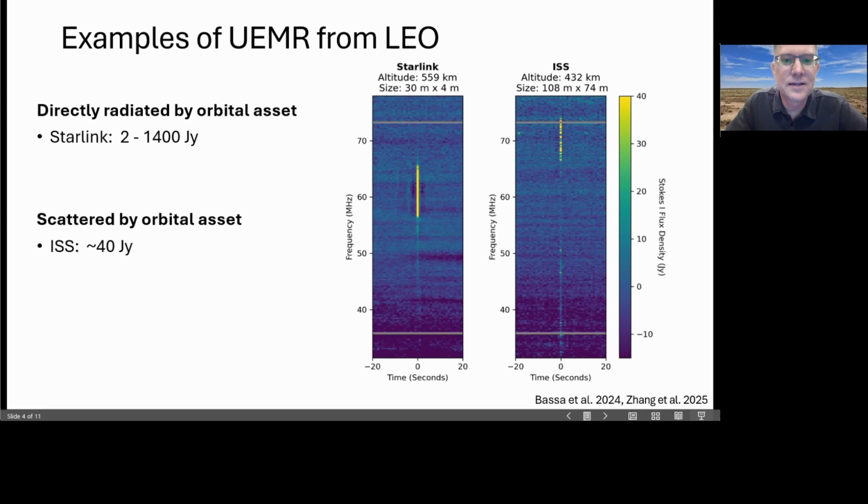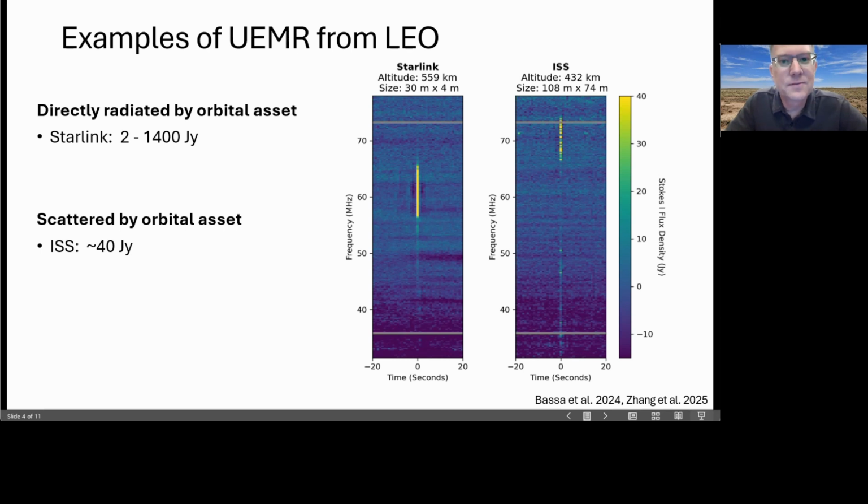You see the little lit up area at time 0 when the Starlink satellite went through a beam of this telescope. There's a huge constellation of Starlink satellites, and some are quite quiet and some are not. The range of fluxes that have been observed, as you can see on the left, is 2 to 1400 Janskys, for satellites orbiting at around 500 kilometers in low Earth orbit.